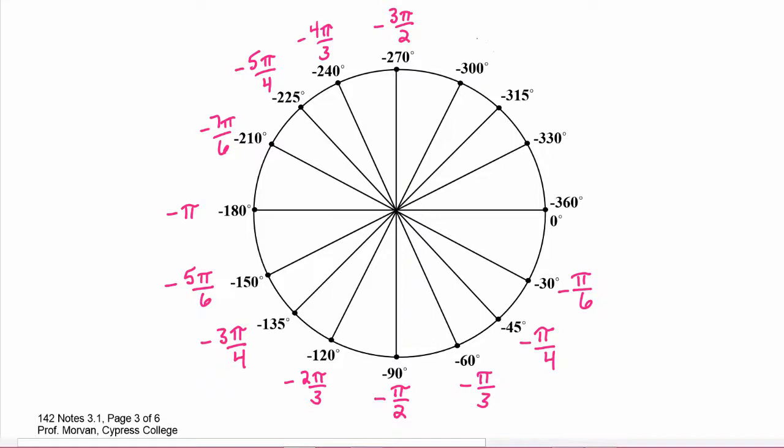Negative 300 is negative 5 pi over 3. Negative 315 is negative 7 pi over 4. Negative 330 is negative 11 pi over 6, and negative 360 is negative 2 pi. So there's all the equivalent radian measurements going around the circle in the negative direction.